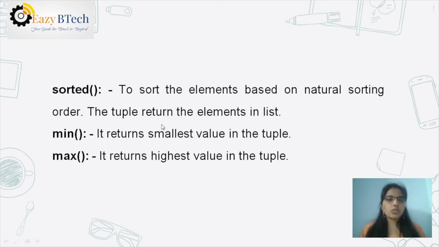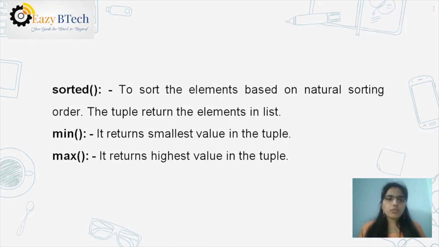Next, sorted: to sort the elements based on natural sorting order. Here is an important point: the tuple returns the elements in a list. Why? Because tuple is immutable and list is mutable.